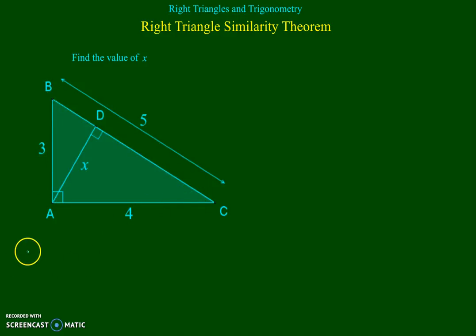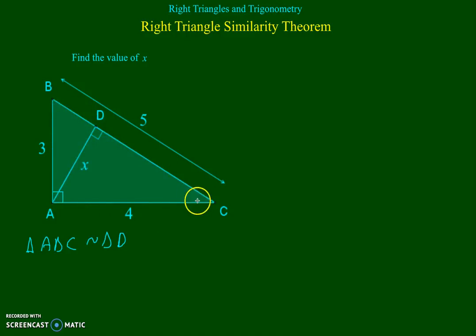So we have triangle ABC is similar to triangle. Now I'm going to go to the middle one. And I'm going to start at the right angle because that corresponds to angle A, which is the right angle here. So it's vertex D. And I need to go to the angle that corresponds to this angle, angle B. Well, I know that it can't be this because angle C is shared between this middle triangle and the big triangle.